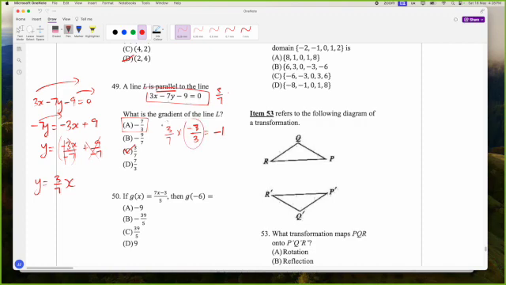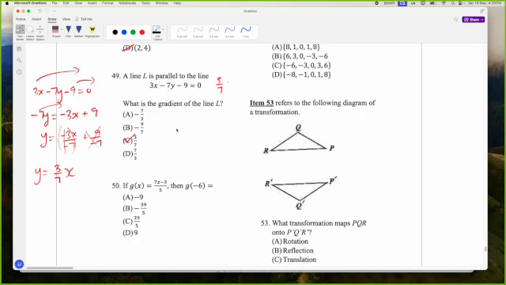So these are perpendicular, but they didn't ask for perpendicular. They say the line L is parallel to this line. Parallel lines have the same gradient. That is why they're parallel, because they have the same gradient, right?